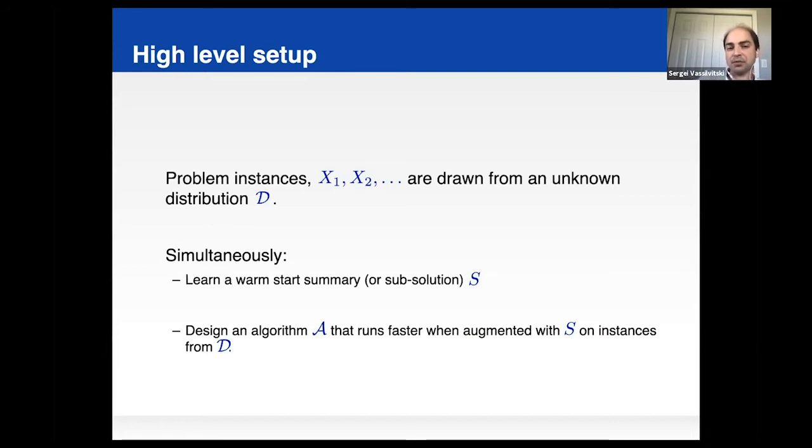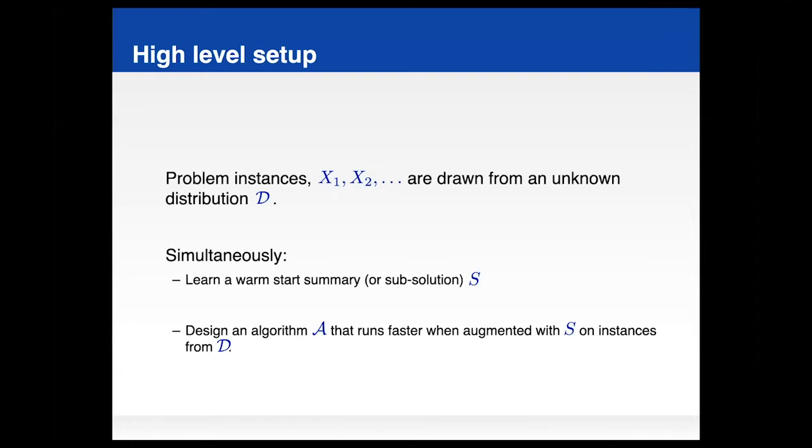We simultaneously want to identify something that's going to serve as a summary for this warm start. It might be a sub-solution or it might be something else, some other structure. And we want to design an algorithm that when given this warm start summary on instances that are drawn together with an instance that's drawn from this distribution, it runs faster in expectation than something that doesn't have this summary at all.